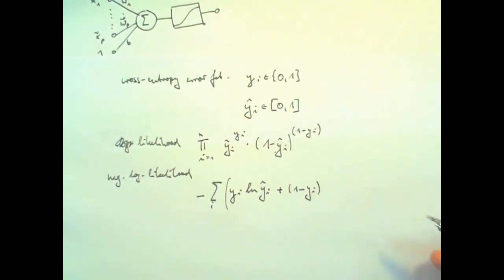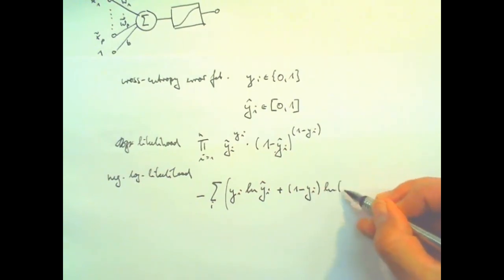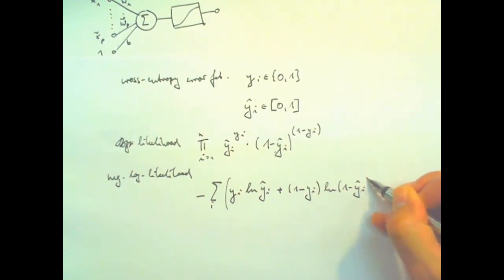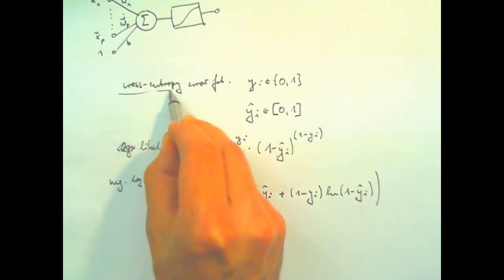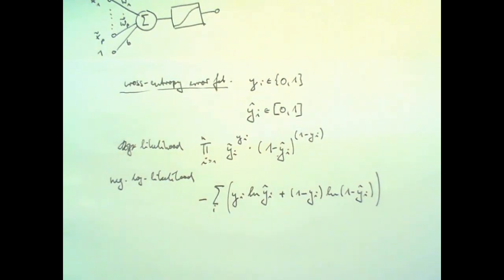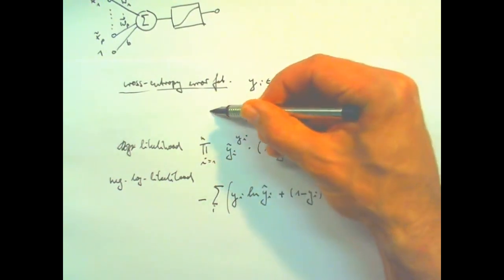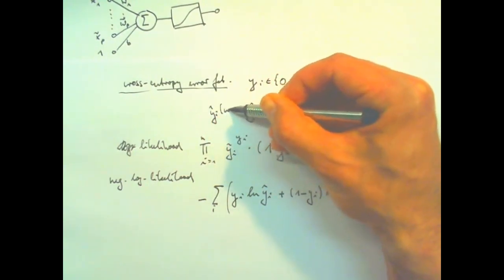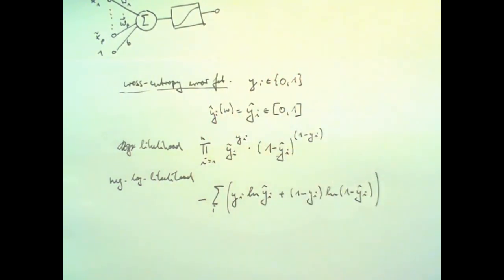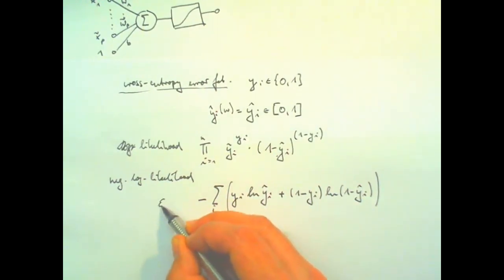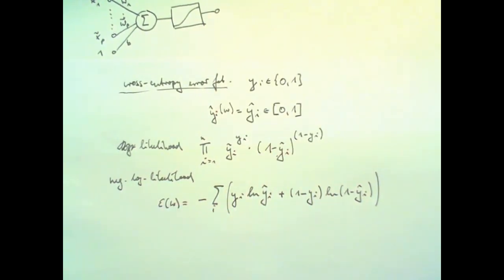At least you don't see any errors I'm making. Okay, I hope this is correct. If so, then this is the cross entropy error function. And the y hats are, of course, functions of the parameters that you used. So I just omitted the w everywhere. And in that sense, this is also a function of your parameters.